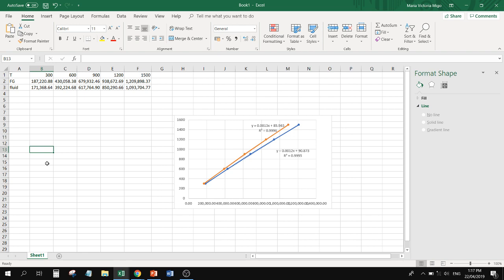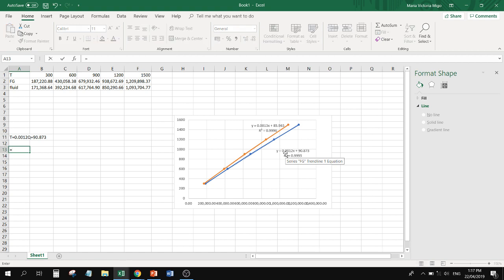So this is the equation of the hot flue gas. y is T equal to 0.0012 Q plus 90.873. So if my T is 1500, what is Q?